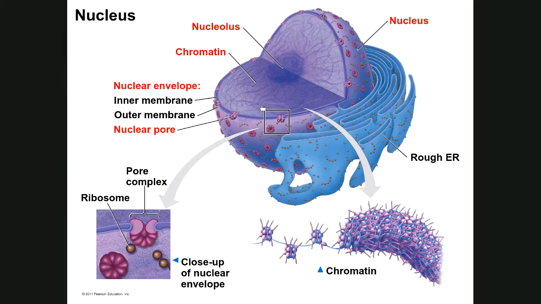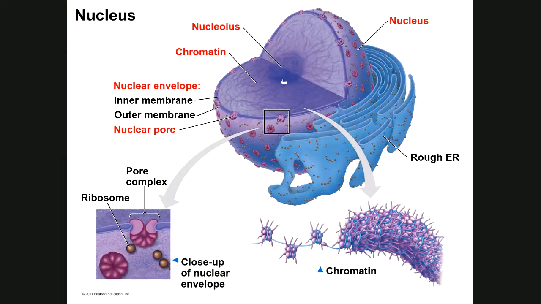It's loosely packed within the nucleus. Therefore, it is taking up most of the space in the nucleus. So whenever DNA is loosely packed, we call it chromatin. So this is DNA. Make a little note for yourself: where it says chromatin, they're talking DNA.